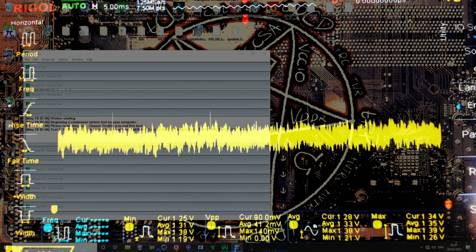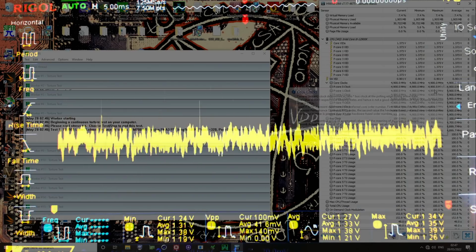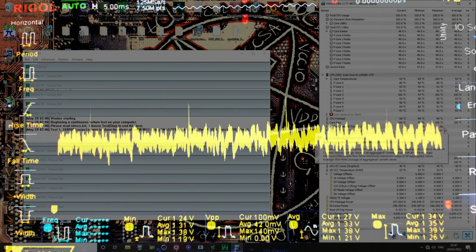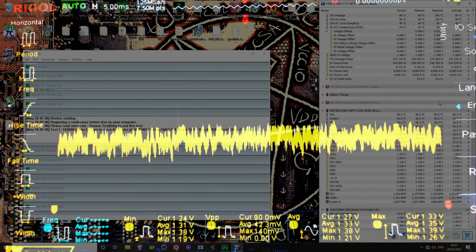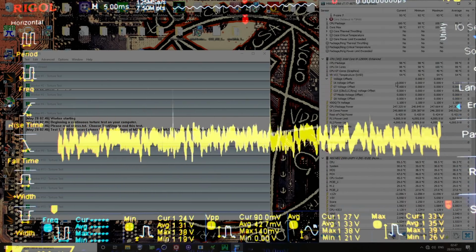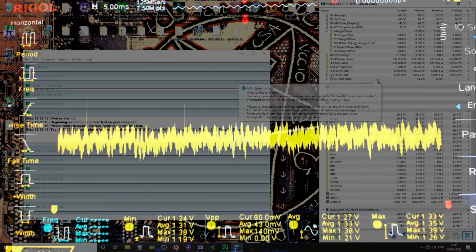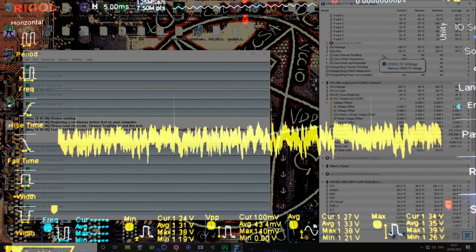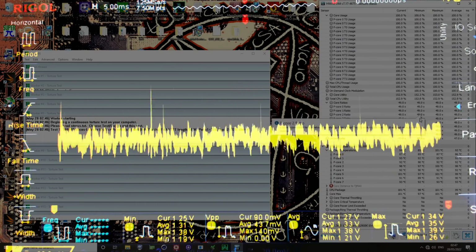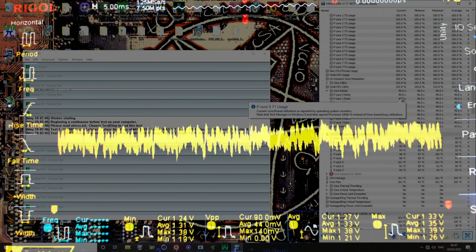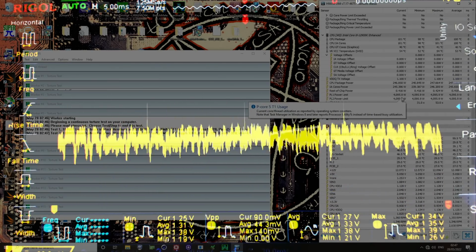Also, our average voltage is higher than it was with the 500 kilohertz switching frequency, so again, that's just not really supposed to be happening. Your switching frequency setting shouldn't be affecting your voltage setting like that.